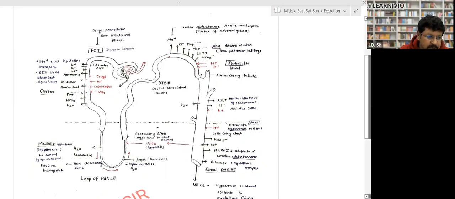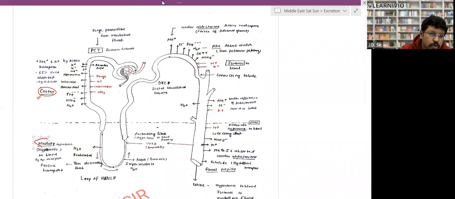The part of the nephron above the line belongs to the cortex, and the part below the line will be in the medulla. So half of the nephron lies in the cortex and half in the medulla.